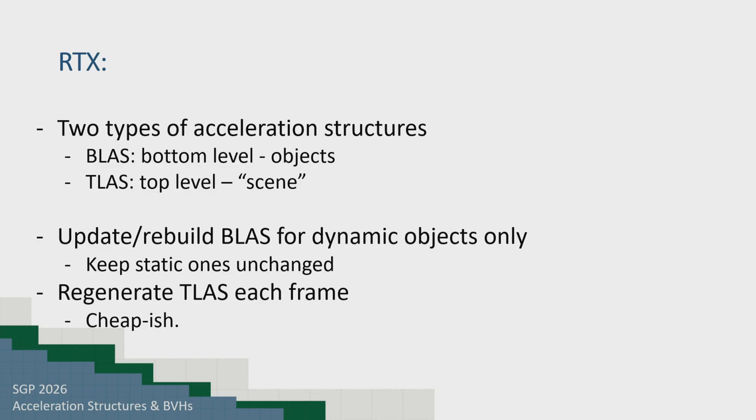But then each frame or each simulation step, you regenerate the top-level acceleration structure that combines them. And this is, at least in these APIs, made to be cheapish. So you can do this more frequently. And that just minimizes the amount of rebuilding and refitting you have to do.